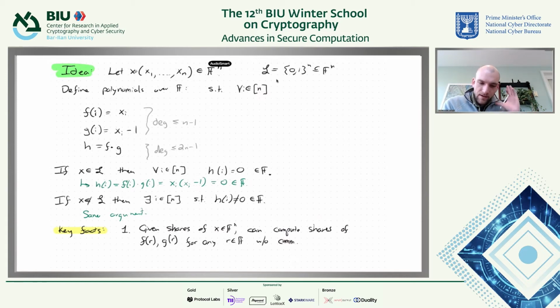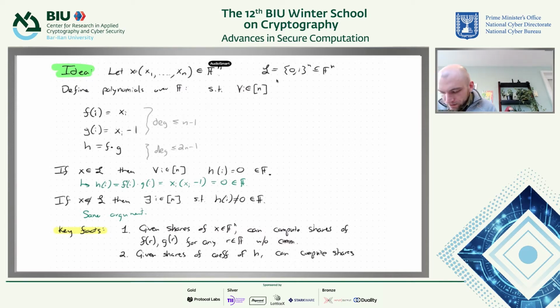So this requires just writing down the equations for polynomial interpolation and evaluation and seeing that they're actually linear functions of x when the polynomials are defined like this. That's key fact number 1. And key fact number 2 is that, given shares of the coefficients of this polynomial h, they can compute shares of h(r), for any r in the field, again without communicating.